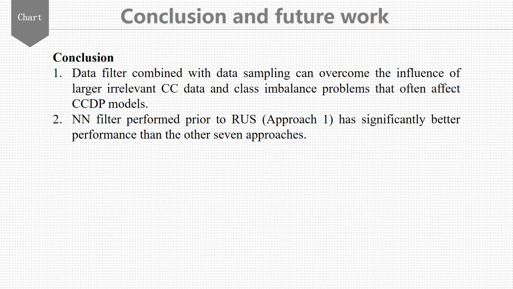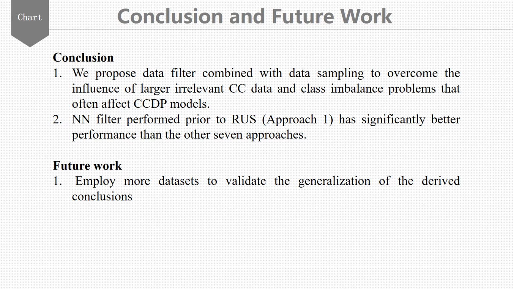We conduct experiments on the 15 datasets to evaluate the performance of the proposed 8 approaches, and found that NN filter performed prior to RUS, approach 1, had significantly better performance than the other 7 approaches. In the future, we would like to employ more datasets to validate the generalization of the derived conclusions.